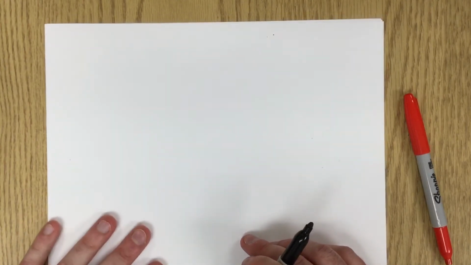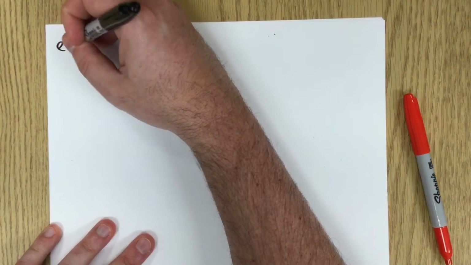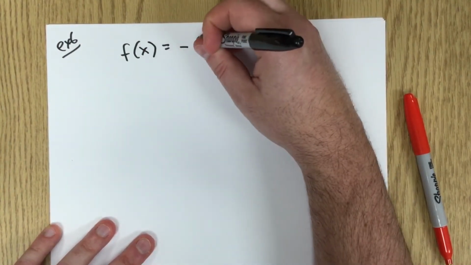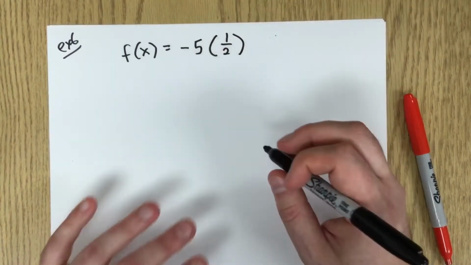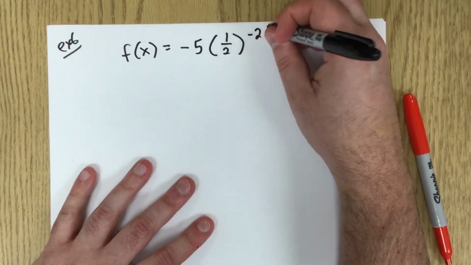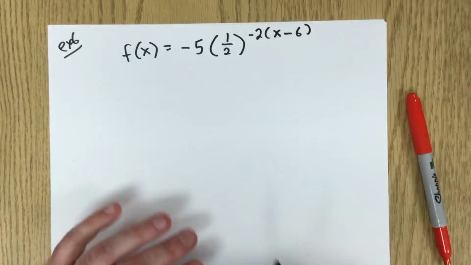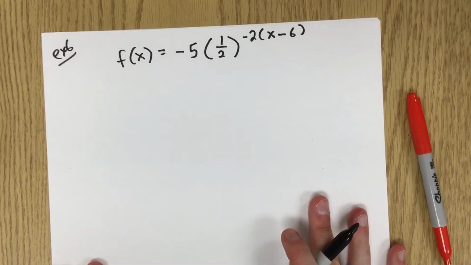Last but not least, we're going to do example 6. So f of x is -5 times 1/2 to the -2 times x minus 6. Okay. Let's kind of do this in stages.